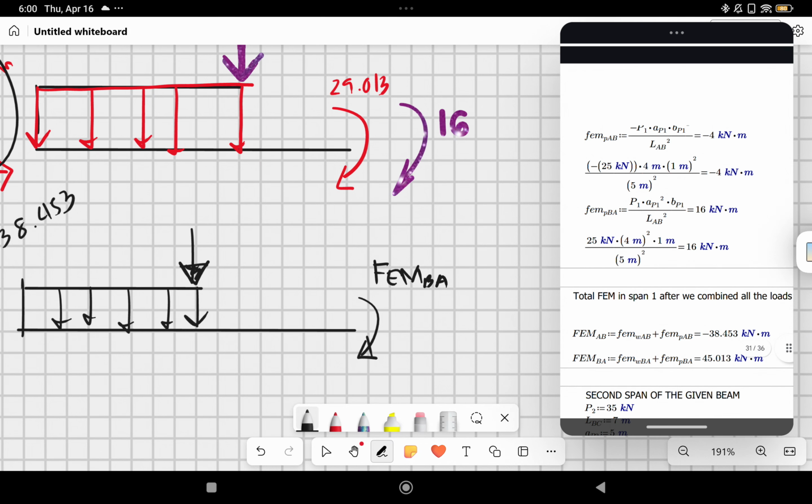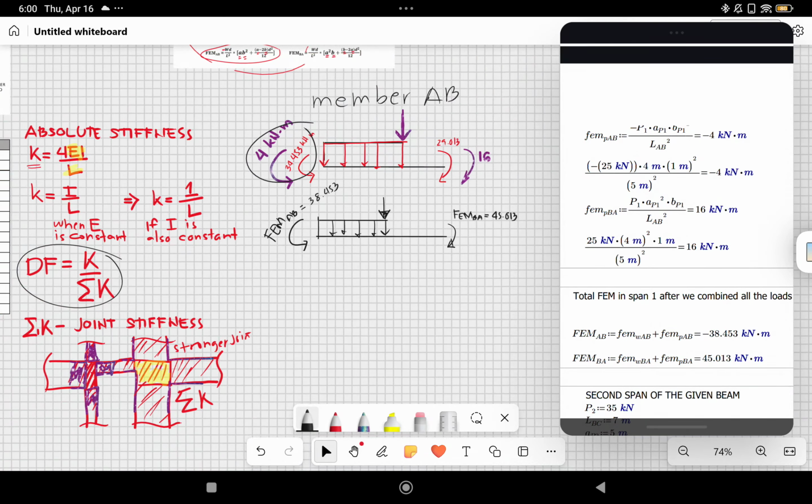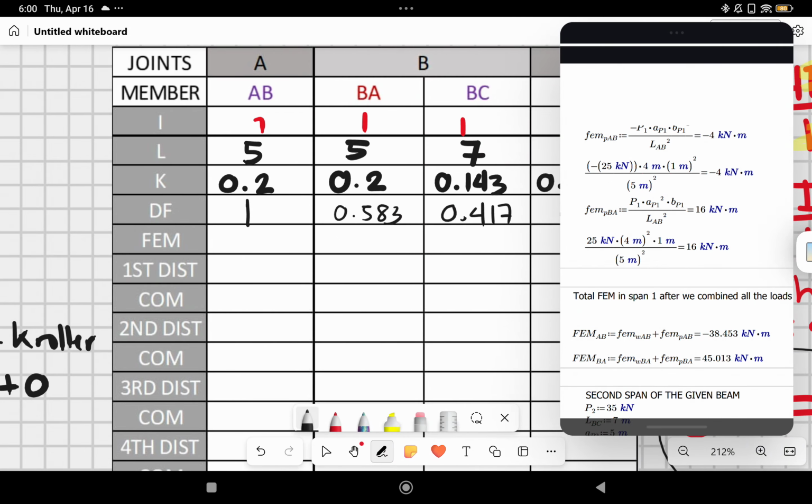So that is equal to 45.013. Okay, so pag na-compute na natin yan, we can transfer it to our table. So that is negative 38.453 and 45.013.